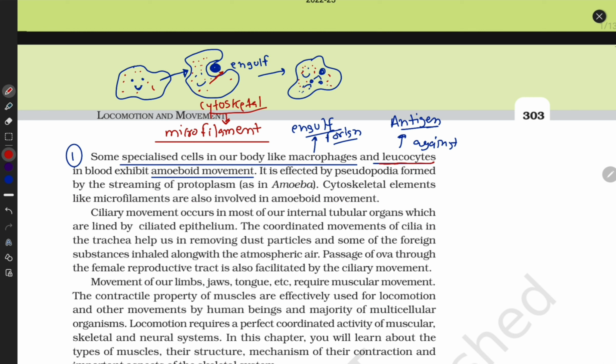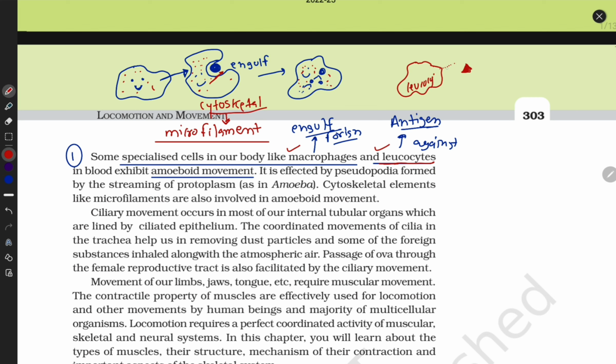And what do leukocytes do? Leukocyte is another cell in our body. They are immune cells. Neither macrophages nor leukocytes are common cells. If some foreign particle like an antigen enters our body, it may be a virus, it may be bacteria, whatever, then what will the leukocyte do?